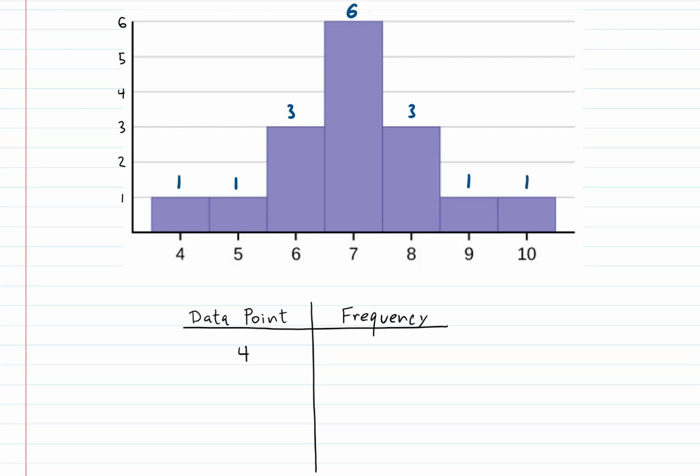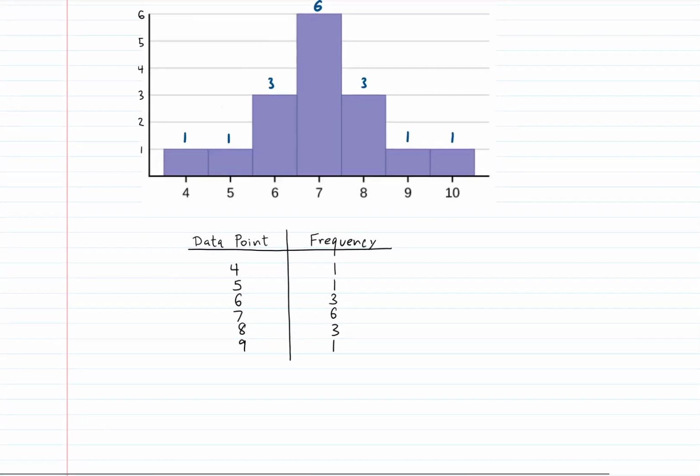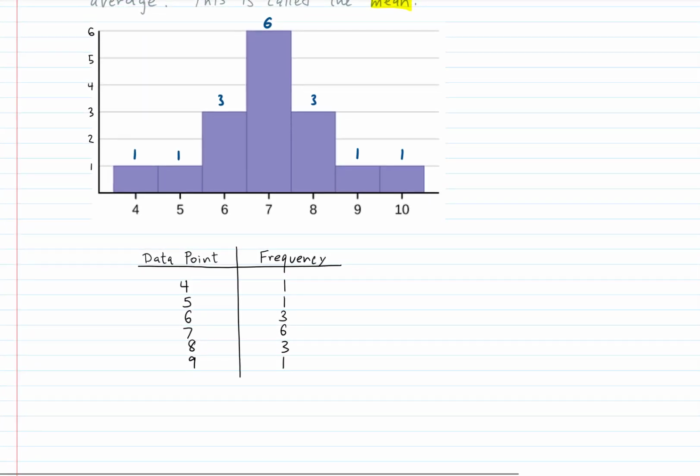Okay, 4 has a frequency of 1, 5 has a frequency of 1, 6 has a frequency of 3, 7 has a frequency of 6, 8 has a frequency of 3, 9 has a frequency of 1, and 10 has a frequency of 1. So there's a frequency table. I'm trying to remind you of the things we've learned so far by doing them again with you.